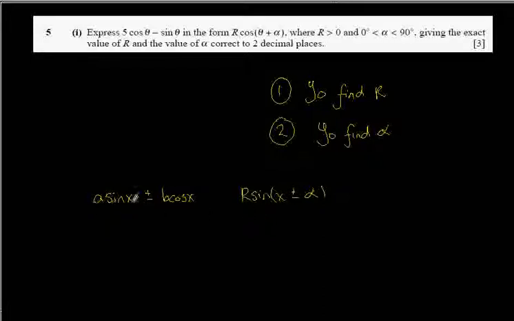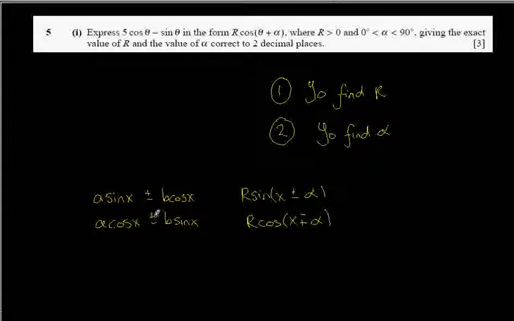So if you have a sine x plus b cos x, you could rewrite that as r sine(x plus alpha). And if you have a sine x minus b cos x, you could rewrite that as r sine(x minus alpha). The second form is a cos x plus or minus b sine x, which can be written in the form r cos(x minus or plus alpha).